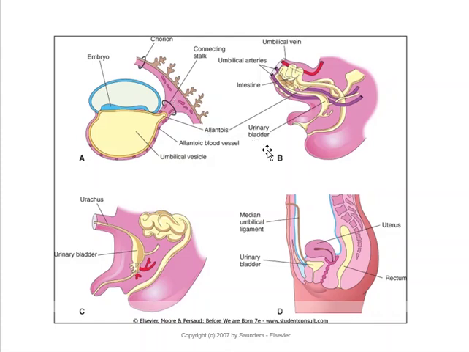And then after folding, the cloacal region incorporates with the anus, and the allantois shares in the formation of the urinary bladder. And here we have the hindgut right there.